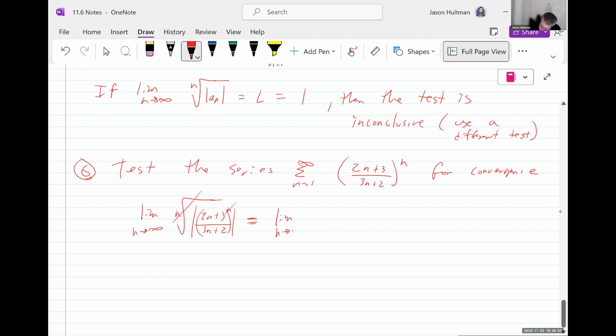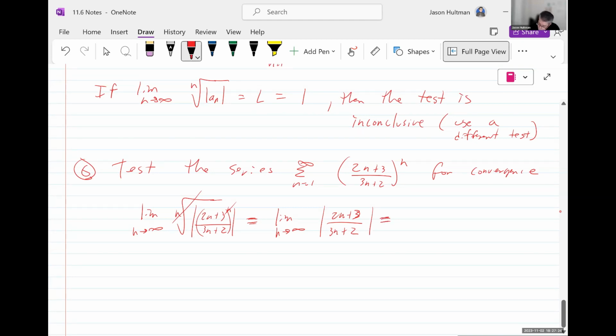This is equal to the limit as n goes to infinity of the absolute value of 2n plus 3 over 3n plus 2. We can use L'Hopital's rule, or we could do this algebraically.